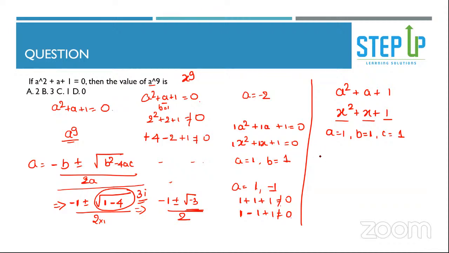Then using minus b plus minus under root b square minus 4ac upon 2a, you will get minus root 3 here, which is not correct. All right. So let me look at this question. Anyone has any solution for this? Because I think the question is not correct. There is some data missing or something is missing.